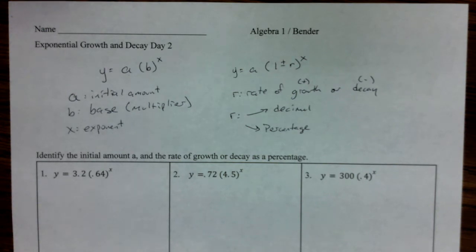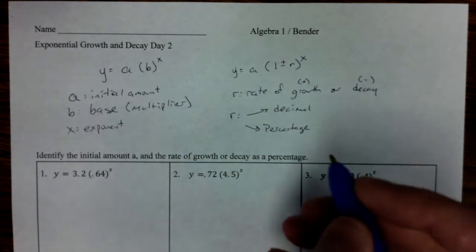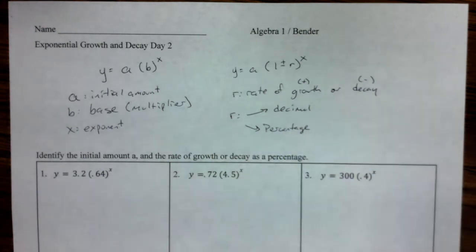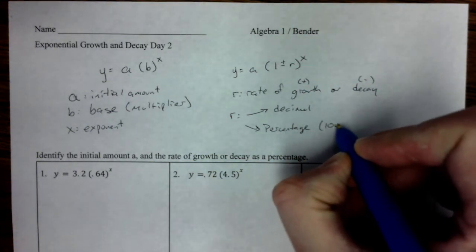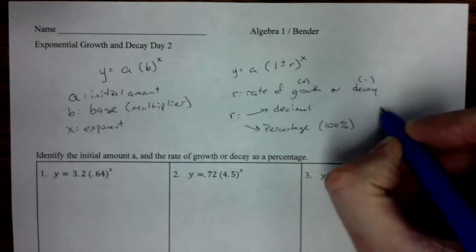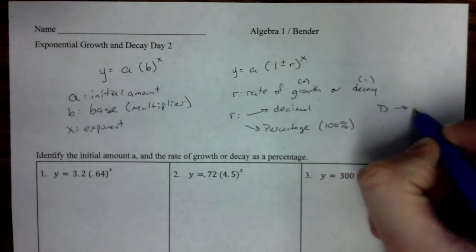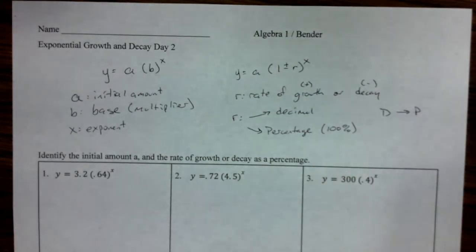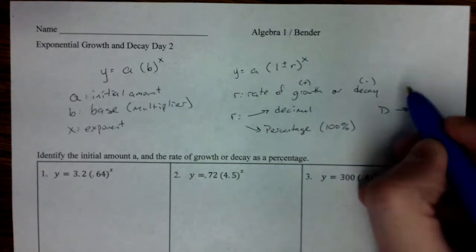So the way I remember is a percentage is based off of 100%. Now 100 has 2 zeros, and so we're going to move the decimal 2 spaces, one direction if we're going from decimal to percent, and the other direction if we're going from percent to decimal.